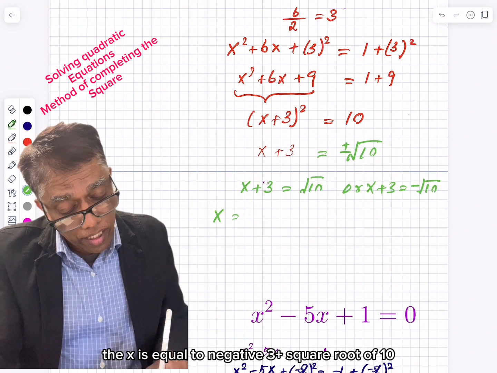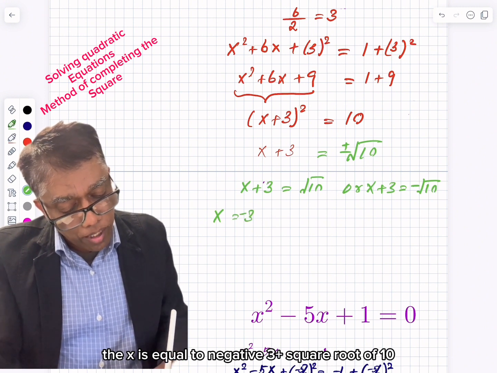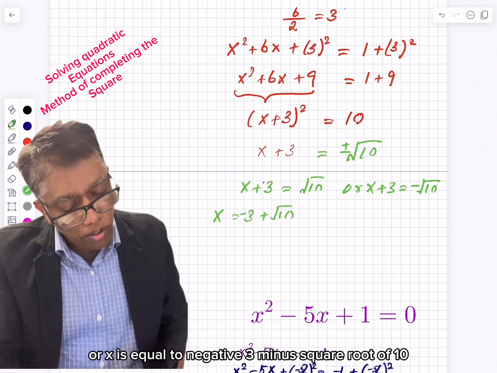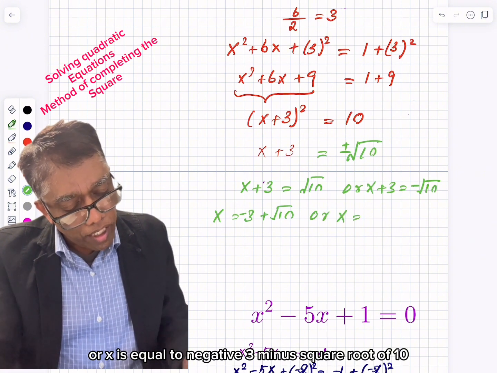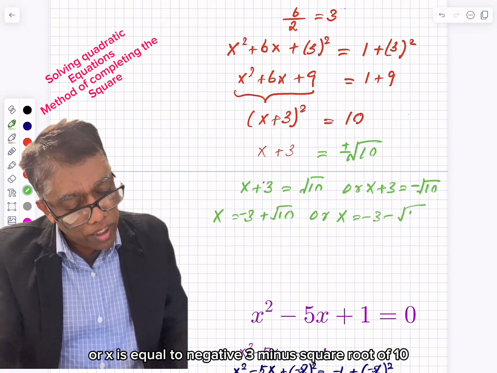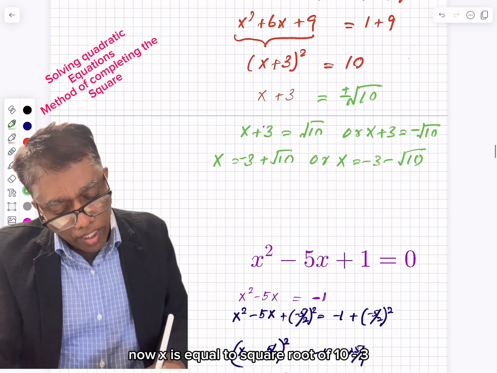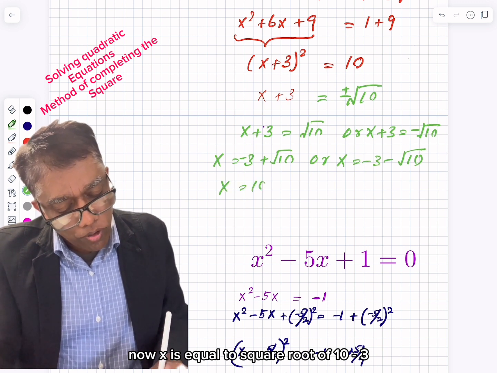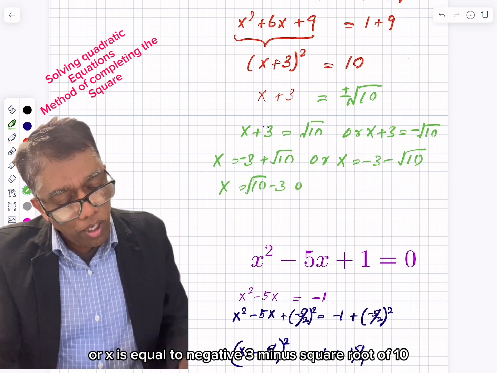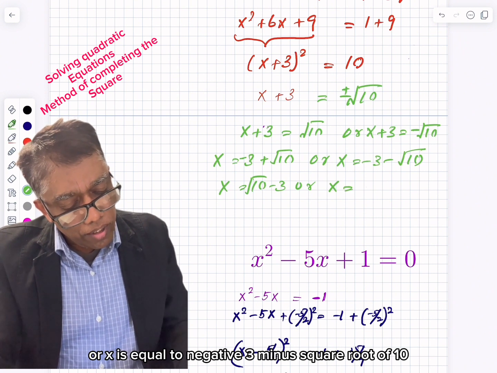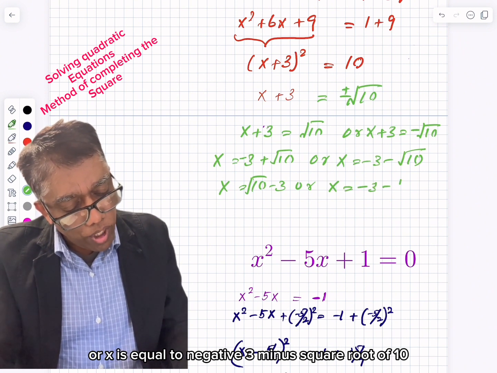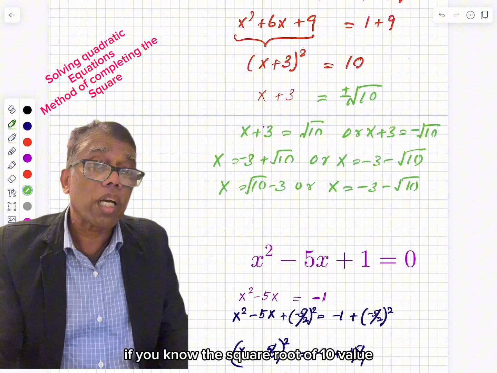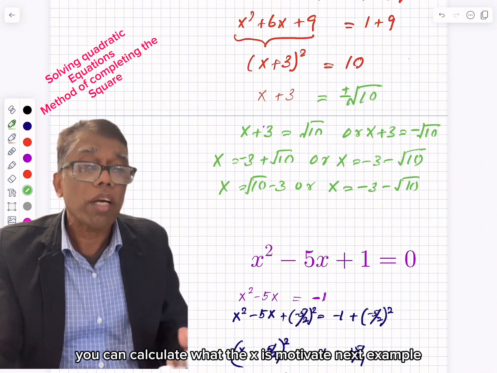Therefore, x is equal to negative 3 plus square root of 10, or x is equal to negative 3 minus square root of 10. If we know the square root of 10 value, we can calculate what x is.